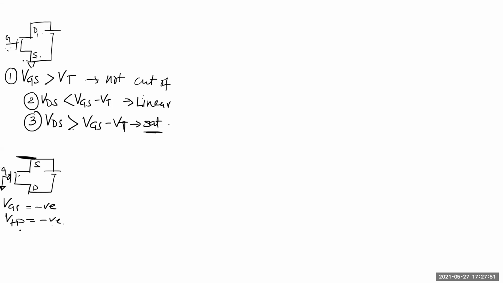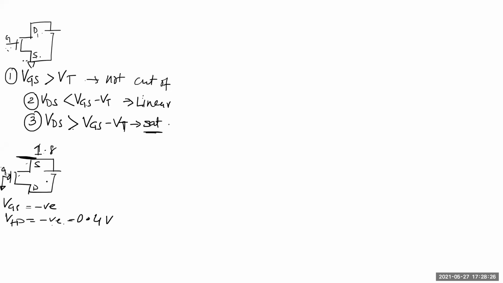For example, if VTP is minus 0.4 volts, and the source is 1.8 volts, then I want the gate to be at least 0.4 lower than 1.8 before the channel turns on. As long as the gate voltage is from 1.8 to 1.4 volts, it is in cutoff. Once it goes lower than that, the channel turns on.